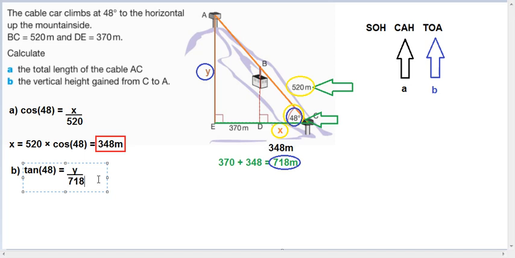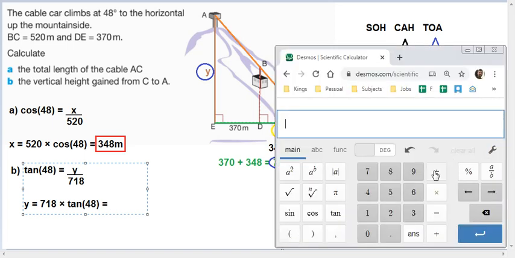So we can say that y is equal to 718 times the tangent of 48. This is going to be easily calculated by a scientific calculator. 718 times tangent of 48.